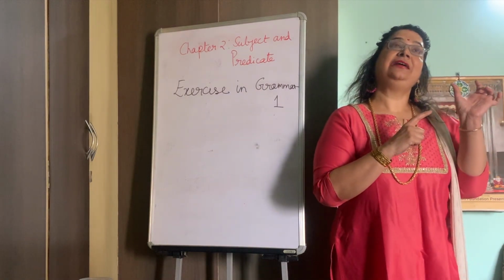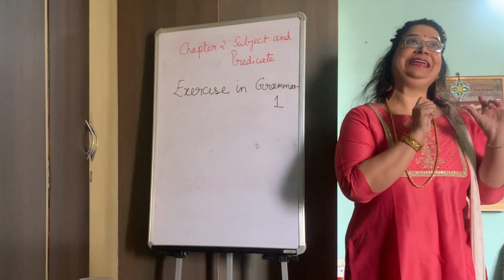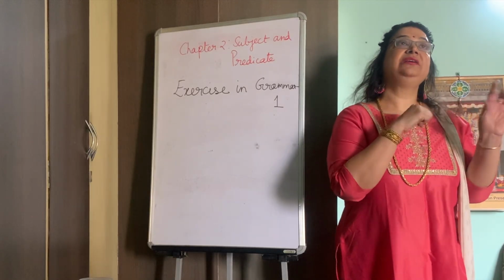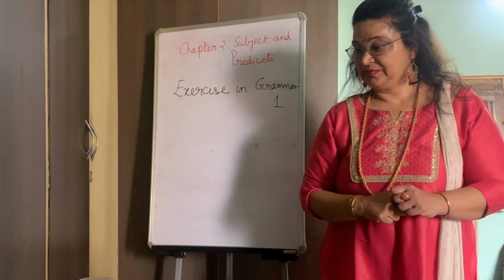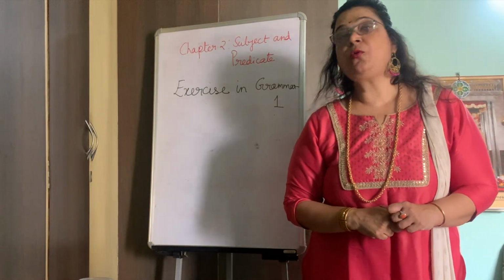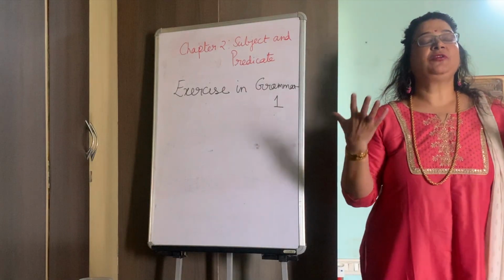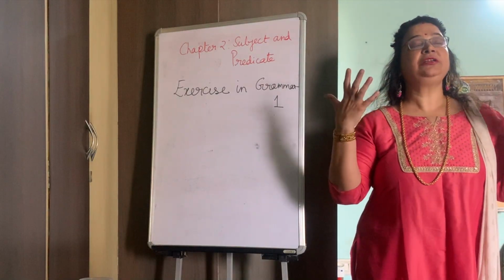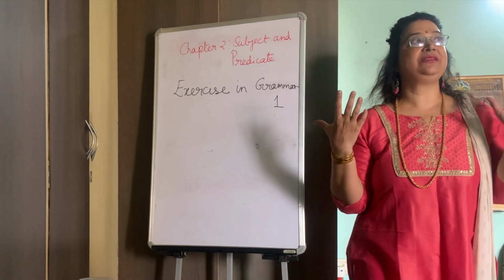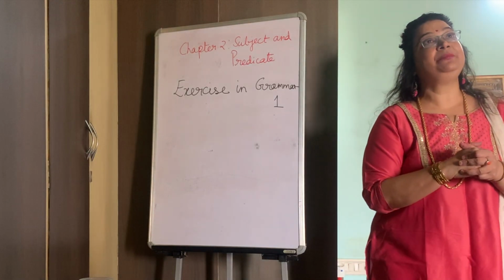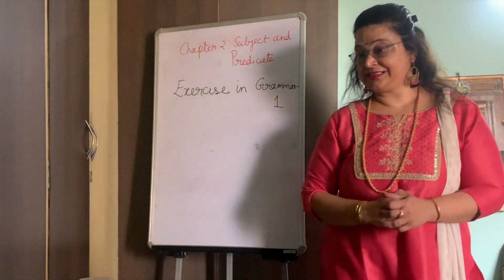So we are using the pronoun he instead of the name. So he is the subject in this sentence. Bad habits grow unconsciously. What are we talking about here? What grows unconsciously? Bad habits. So bad habits is the subject in this sentence.